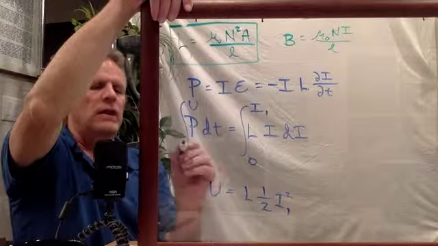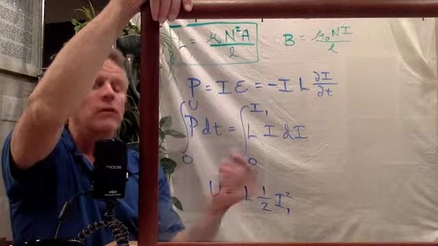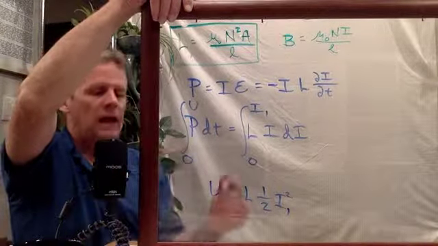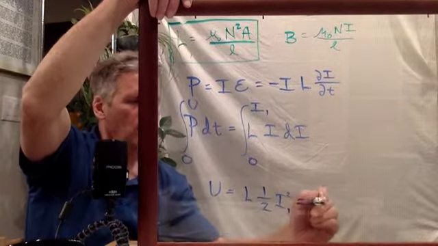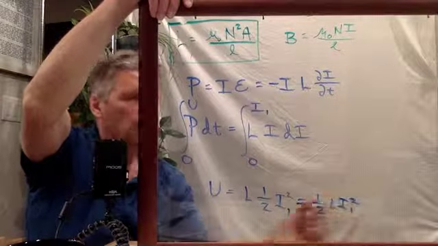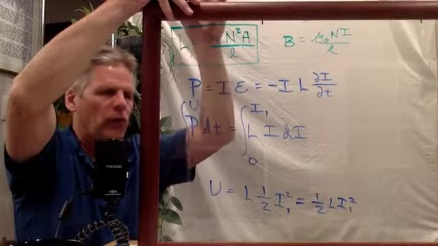As we did, we had to supply this much energy to this solenoid. Therefore, since we started with a solenoid with no energy, the energy contained within this solenoid is just this: 1/2 L I1 squared. Where I1, like I said, is just whatever value of current you happen to be at.